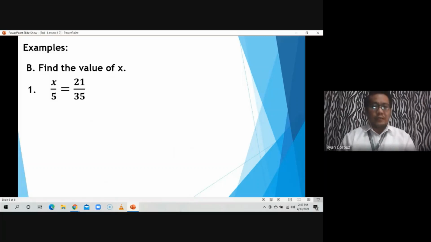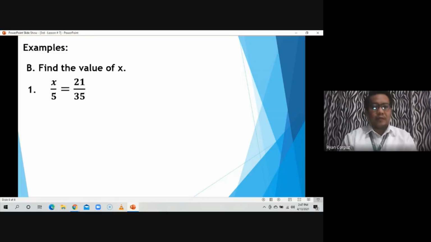So our goal is to find the value of the variable x, wherein we can say that the two ratios are a proportion. Again, when we say proportion, the two ratios must be equal. So what is the value of x to make these two ratios equal?